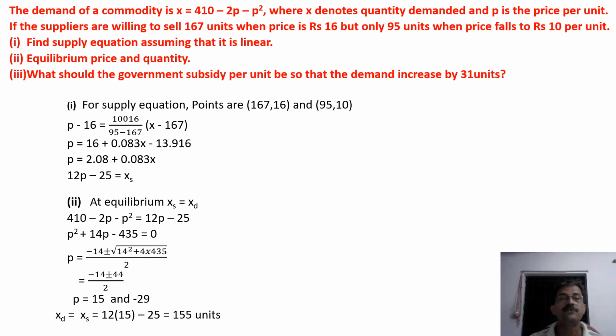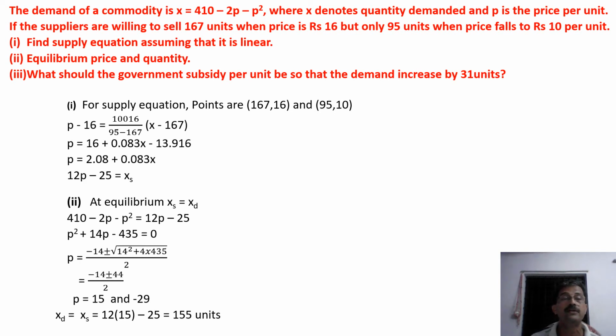So one more problem. The demand of commodity x is equal to 410 minus 2p minus p square, where x denotes quantity demanded and p is the price per unit. If the suppliers are willing to sell 167 units when price is 16, but only 95 units when price falls to rupees 10 per unit, find the supply equation assuming that it is linear.